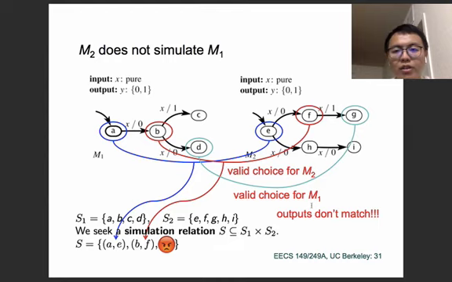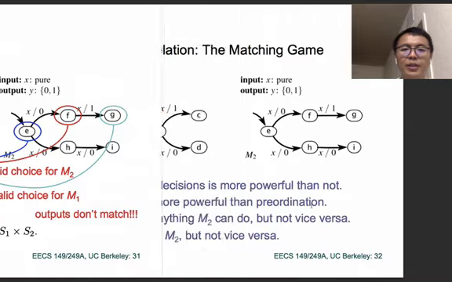In the matching game, first we determine who moves first, then we check if the other machine follows the movements to make the match. If they are matched until we cover all the behaviors, then one state machine simulates another.